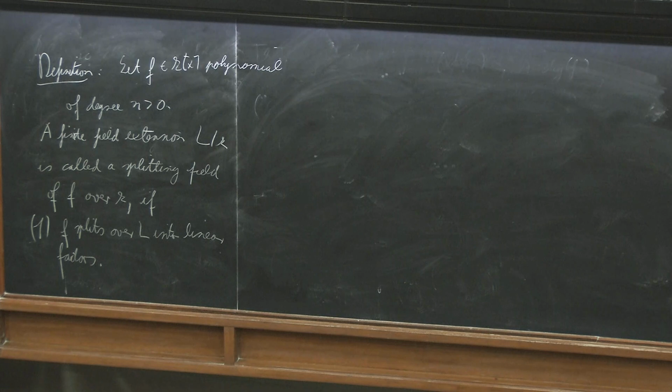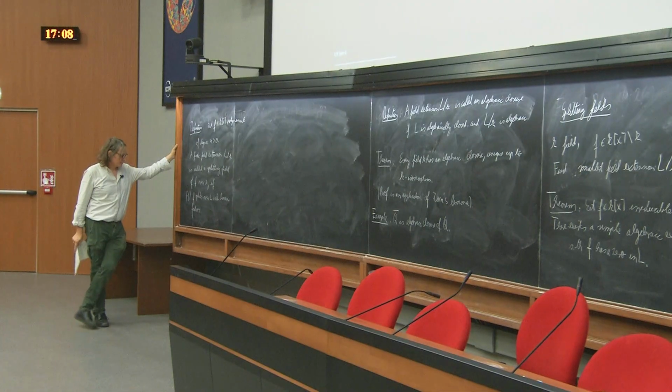Okay, but that is kind of okay, we can certainly do that, but for that we could even take the algebraic closure of K. That would do it for all polynomials. We want that the field is as small as possible, the smallest possible extension of K such that this works.